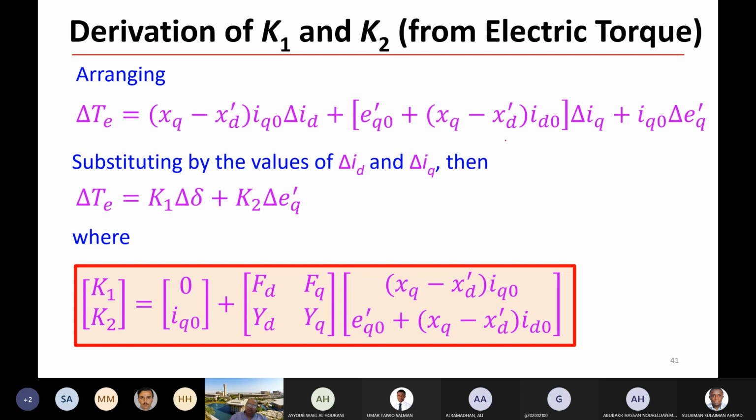The milestone is to find the delta ID and delta IQ in terms of delta EQ prime and delta delta. Once you get this, you can get the delta VD and delta VQ from the algebraic equation. And once you have this, you can get the delta VE in terms of delta EQ prime and delta delta, and this is K1 and K2.